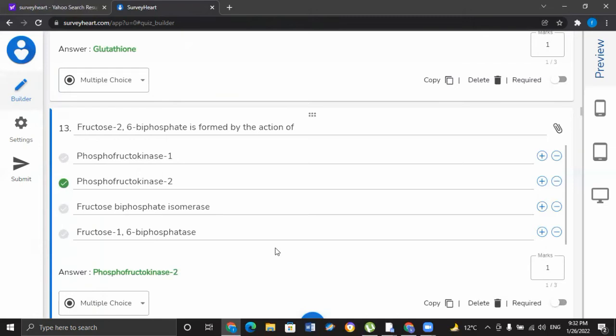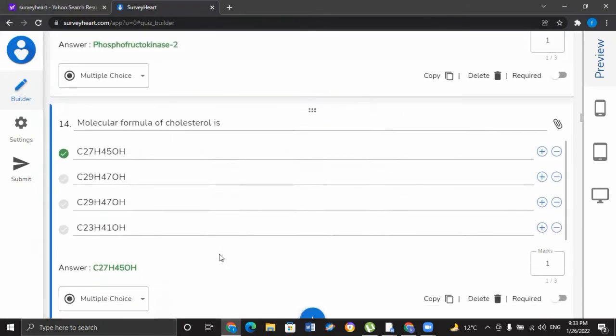So fructose 2,6-bisphosphate is formed by the action of the enzyme phosphofructokinase 2. So the correct option for MCQ number 13 is B, phosphofructokinase 2.